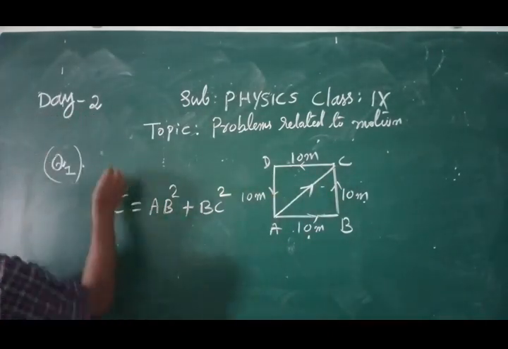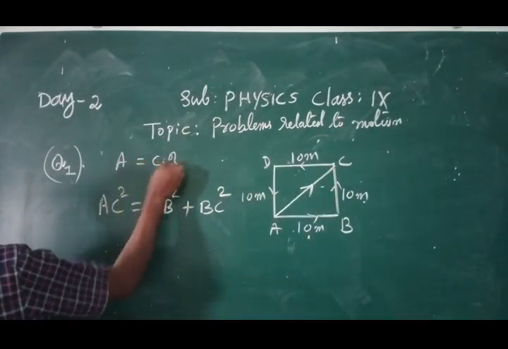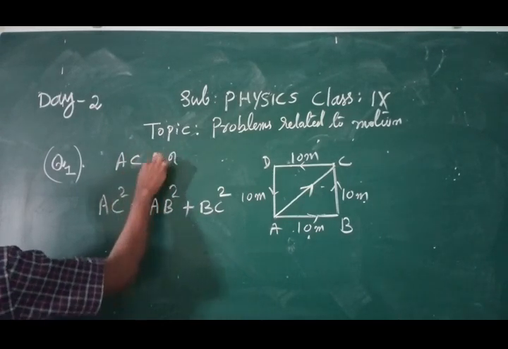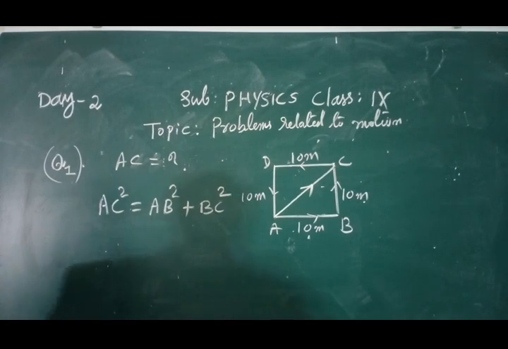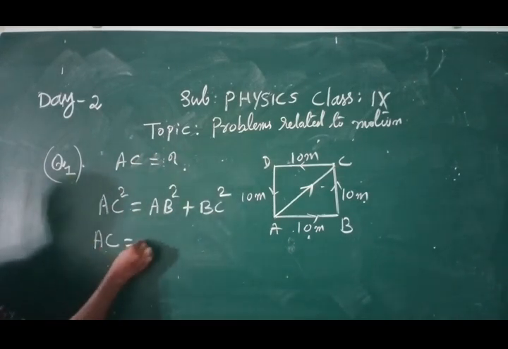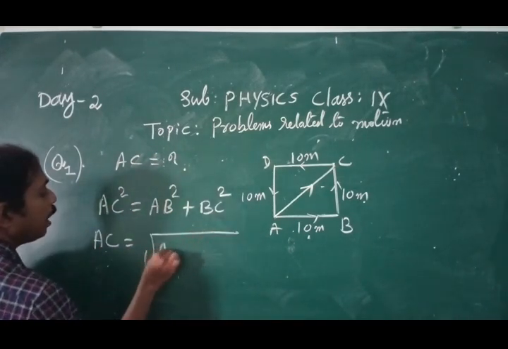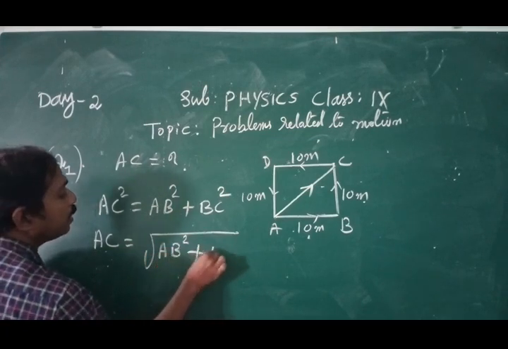We need to find the magnitude of AC. So AC equals root of AB square plus BC square.